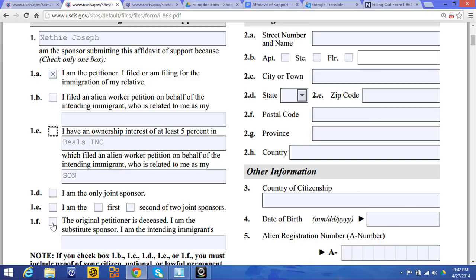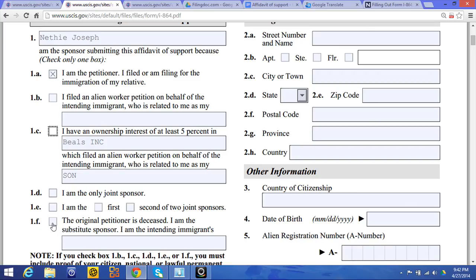You are acting on behalf of the intended immigrant because the form I-130 was approved and the petitioner died. So if you have this kind of relationship with the petitioner, you can be a substitute sponsor.